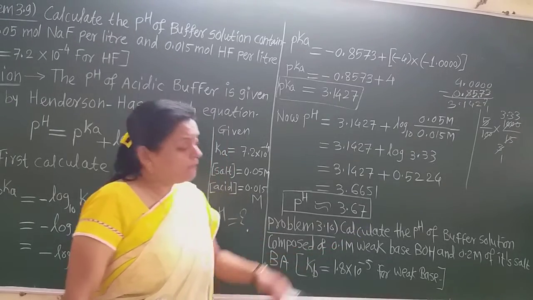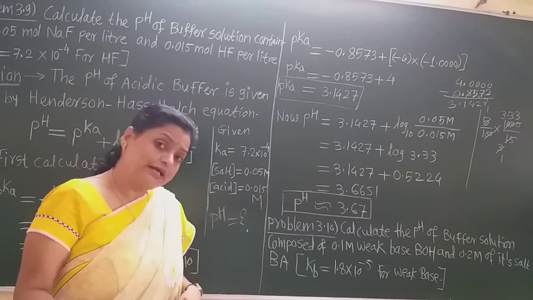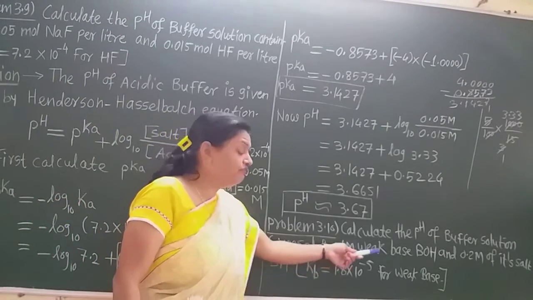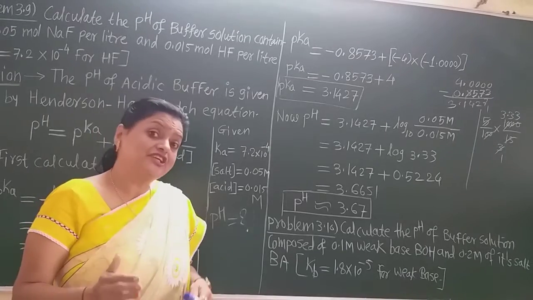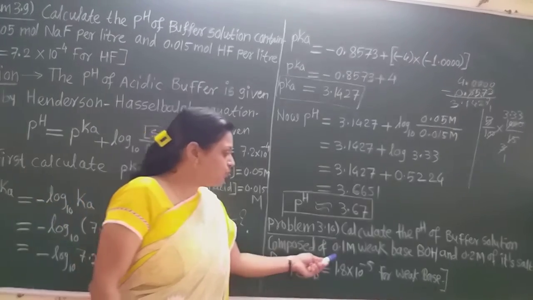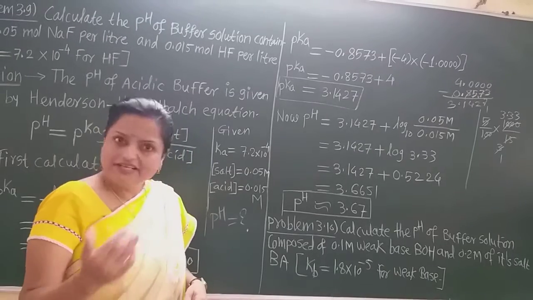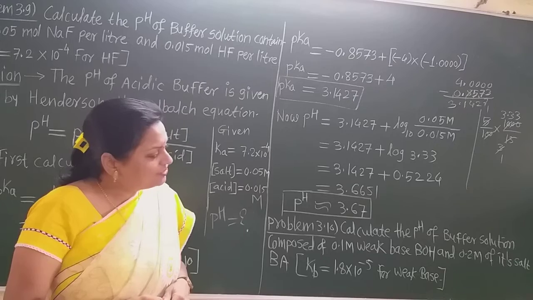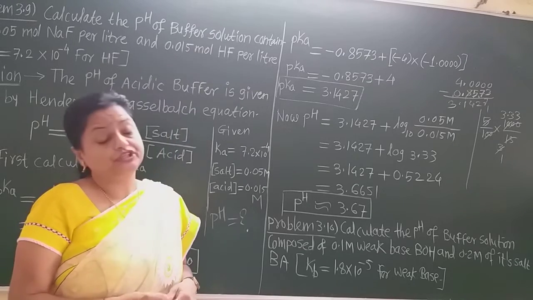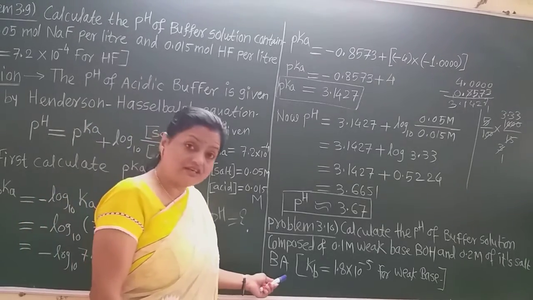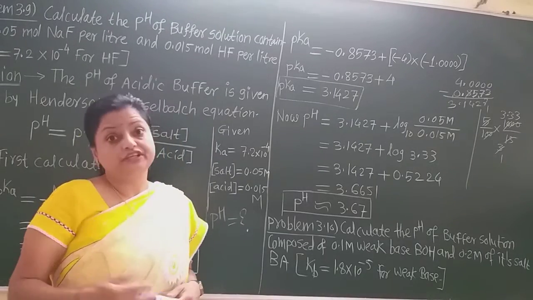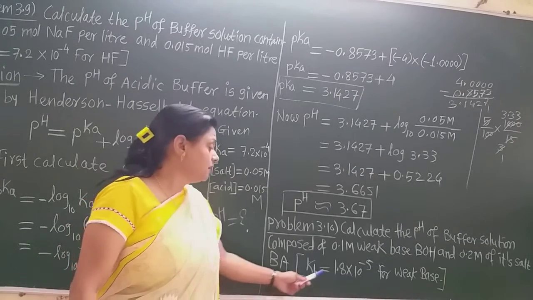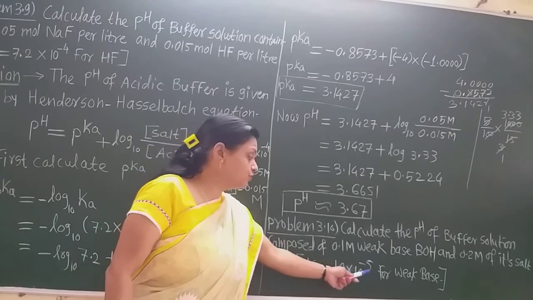Calculate the pH of a buffer solution composed of 0.1 molar weak base, for example BOH, the general weak base, and 0.2 molar of its salt, the general salt BA. Here the value of Kb is given, that is Kb is equal to 1.8 into 10 raised to minus 5 for the weak base.